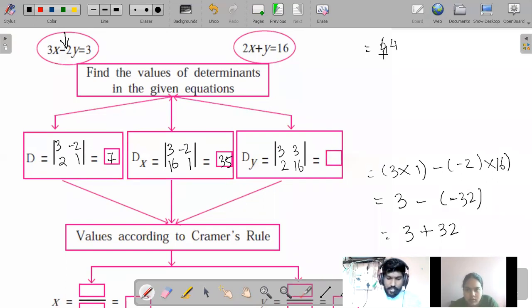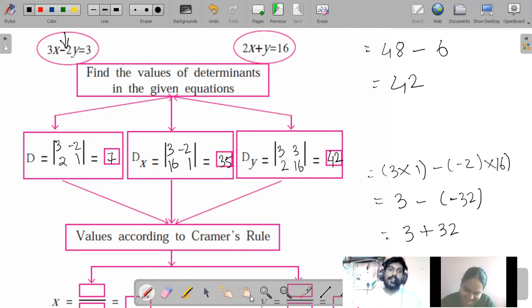No mistake. Check your multiplication. You said 3 into 16, 48 minus 3 into 2, 6, and 48 minus 6 is 42. Correct. Sorry, I was mistaken.